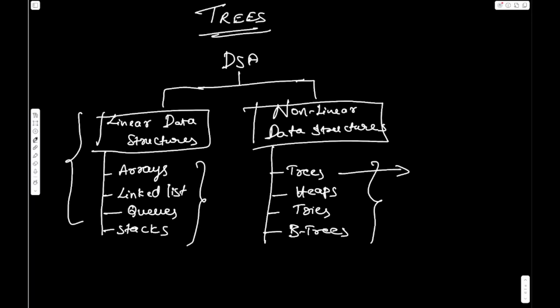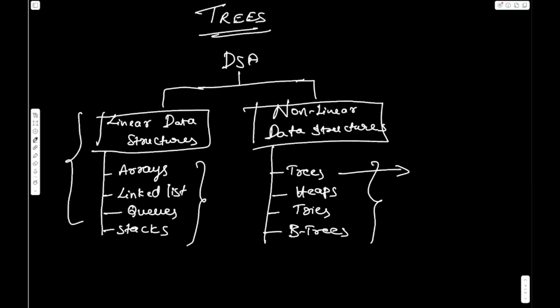So let's begin. Why do we need trees? Let's imagine a company structure where we have a CEO. Under CEO, we have engineering manager and HR manager. Under engineering manager, we have developer one, developer two. Can we represent all this in array?